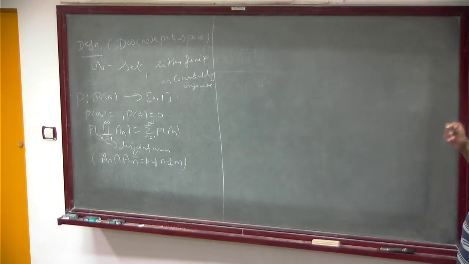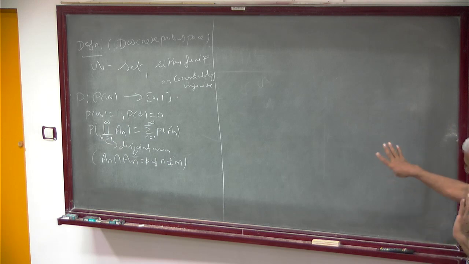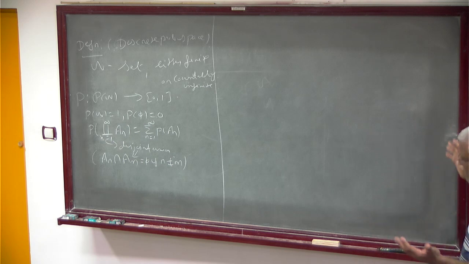More generally, we will define something called random variables in the next class. When random variables are there, we will mostly forget about the probability space, the omega and all that. A random variable is just a function from omega to the real line. You can take it in some other field also, but we will take the real line.